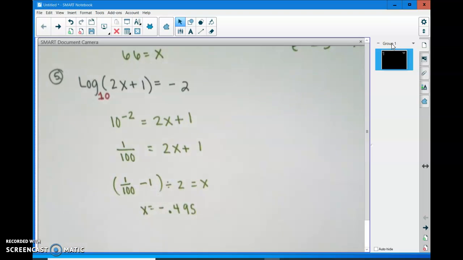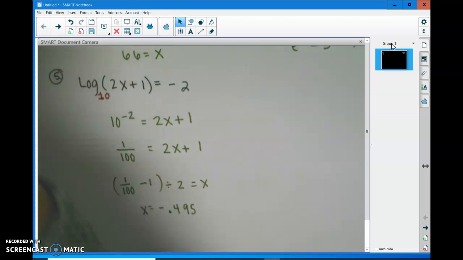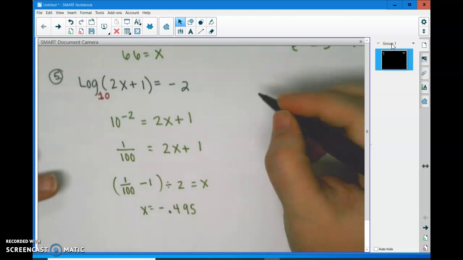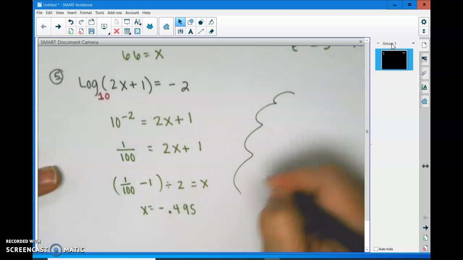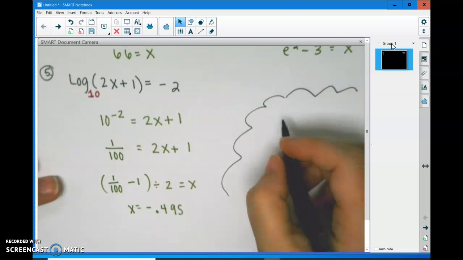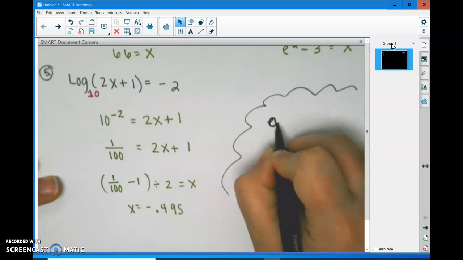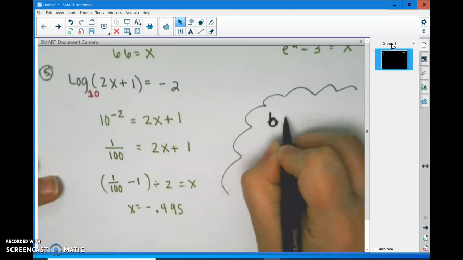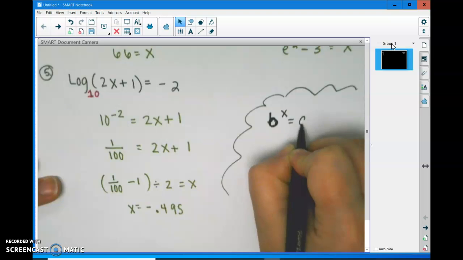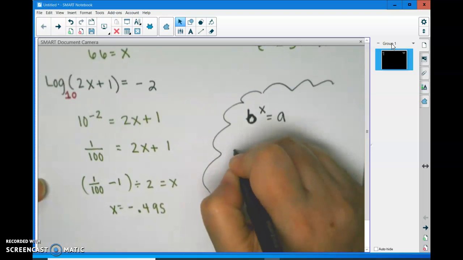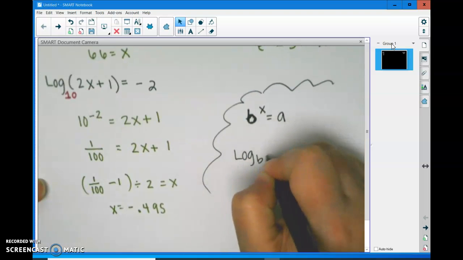All right, so those are the basic concepts, and I'll write this here again, like the formula for swapping them back and forth. Alrighty. When we have b to the power of x is equal to a, that turns into log base b of a equals x.